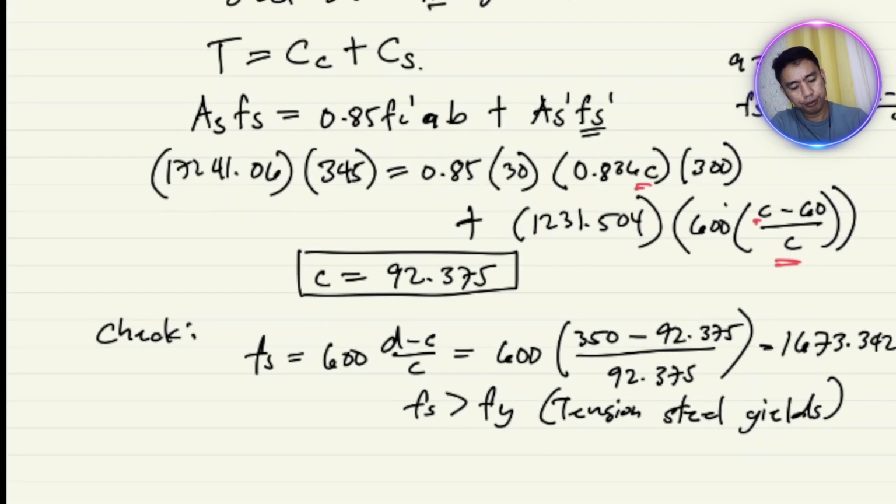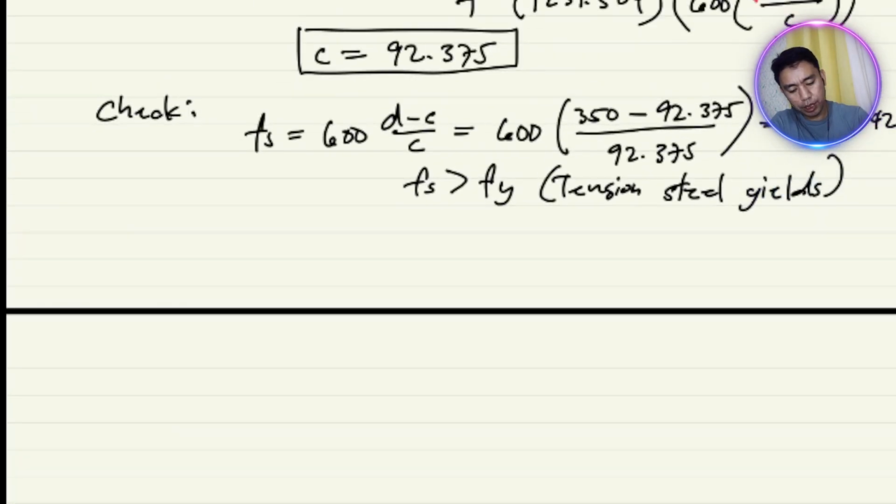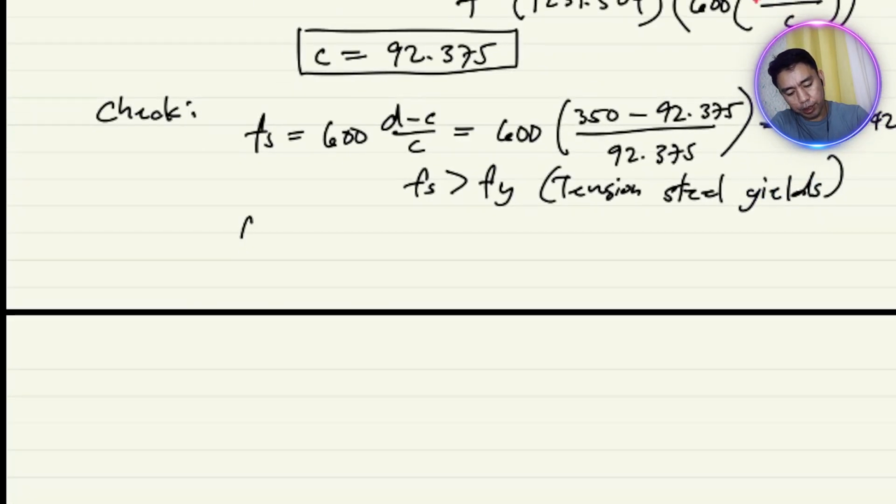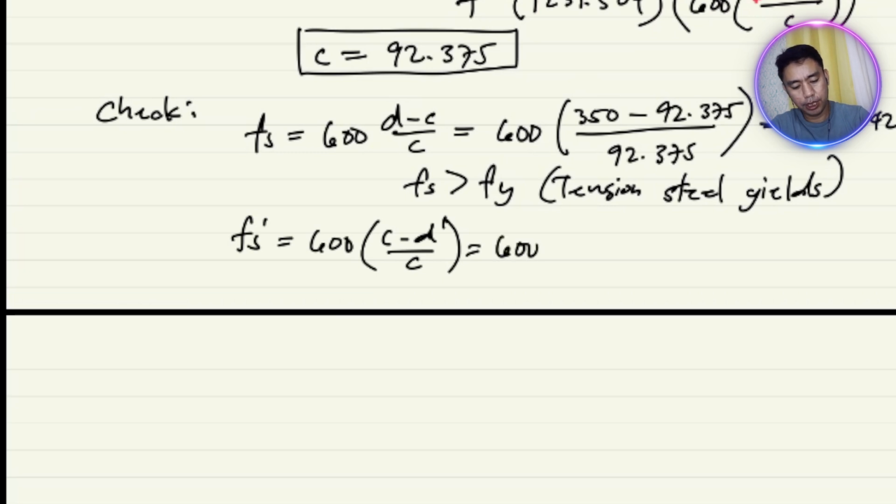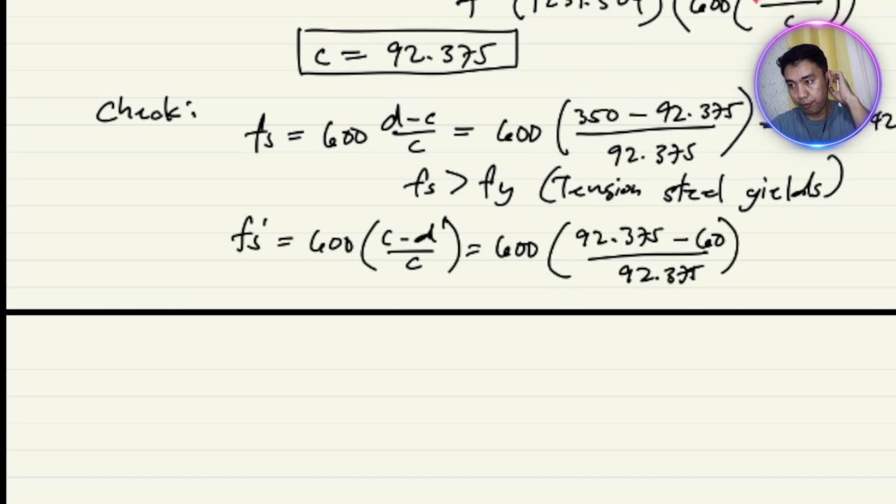About the second one, Fs prime. So, ang formula ng Fs prime is 600 times C minus D prime over C. So, we have 600 times C 92.375 minus D prime of 60 over 92.375.